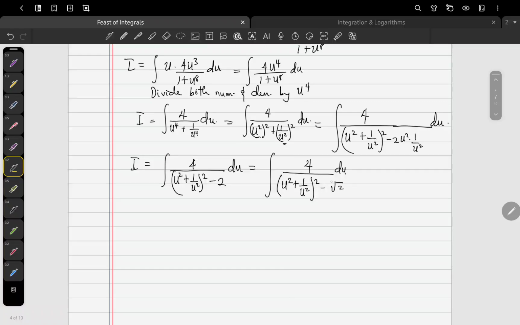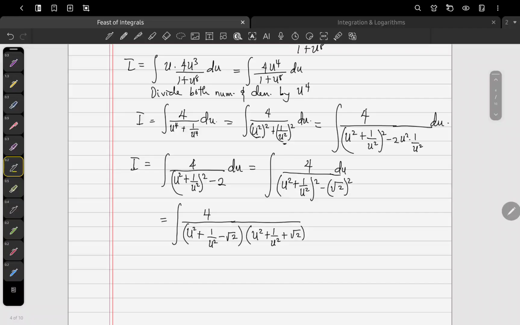So we can write square root of 2 squared. Why have I written it this way? It is for us to see this is a difference of two squares. So I can actually write that as the integral of 4 over u squared plus 1 over u squared minus square root of 2, then u squared plus 1 over u squared plus square root of 2.